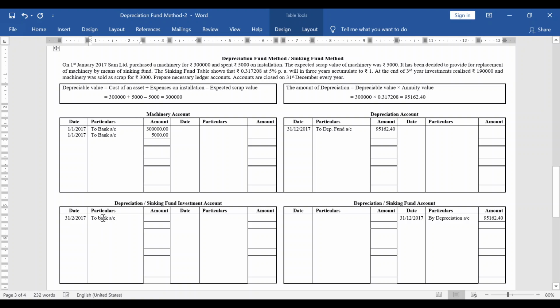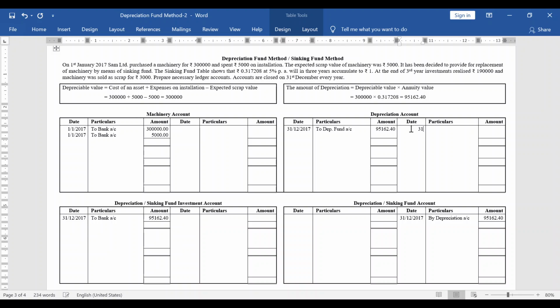That is, when amount is invested in securities, depreciation fund investment account is debited and bank account is credited with the amount invested in securities, and in the first year amount invested is equal to the amount of depreciation, that is 95,162.40.